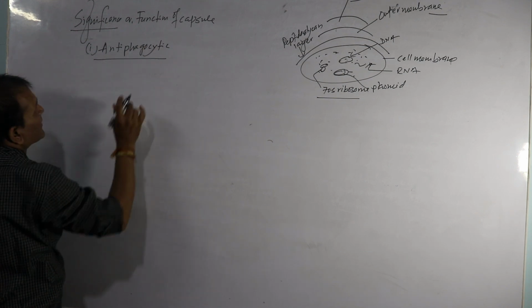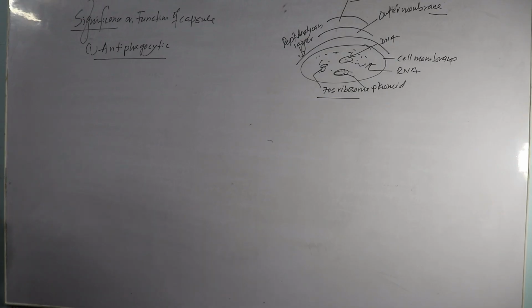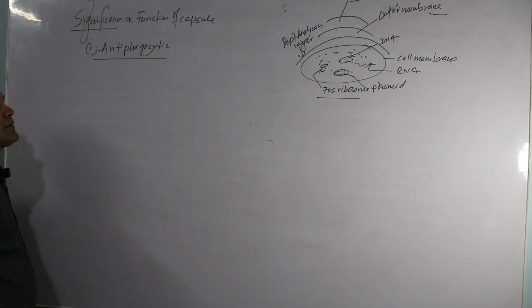It means that when a phagocytic cell engulfs the capsulated bacteria, the capsule prevents the phagocytosis mechanism and permits the bacteria to survive inside the phagocytic cell.